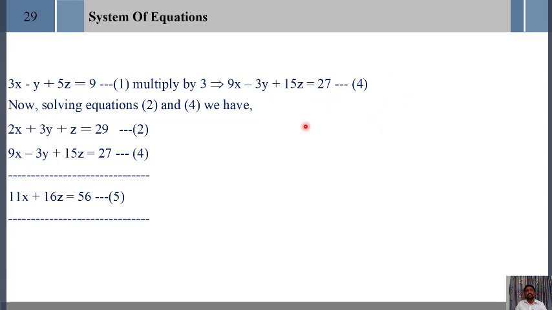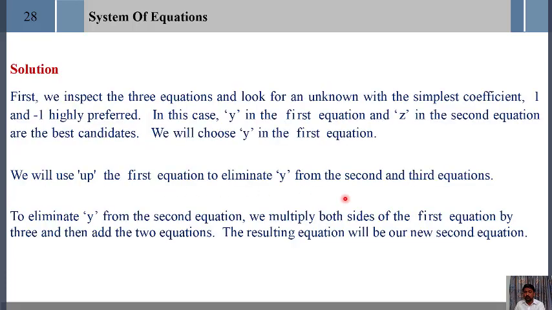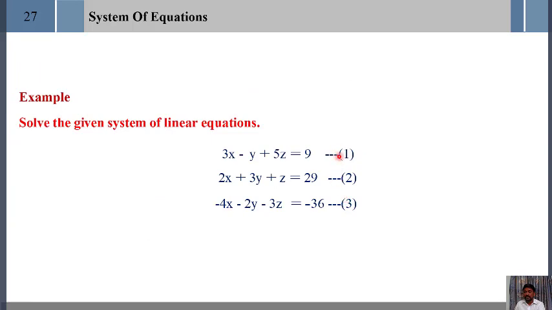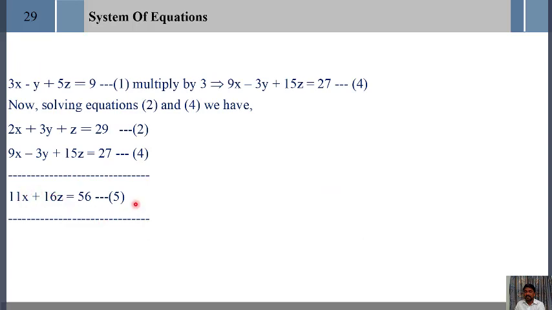Now solving equations 2 and 4, we get another equation, 11x plus 16z equal to 56. This equation is in 2 variables, so this is the resultant equation when solving equations 1 and 2. Equation 5 is the resultant equation.